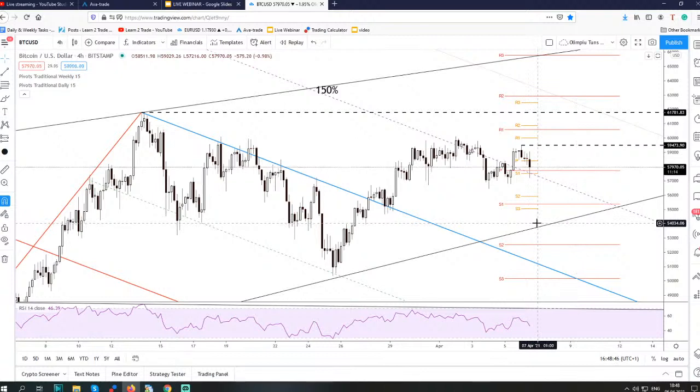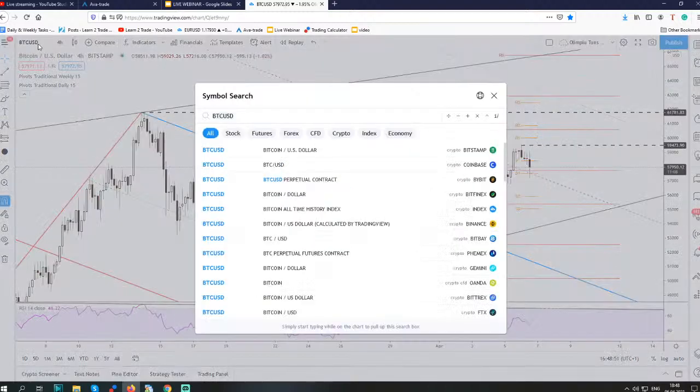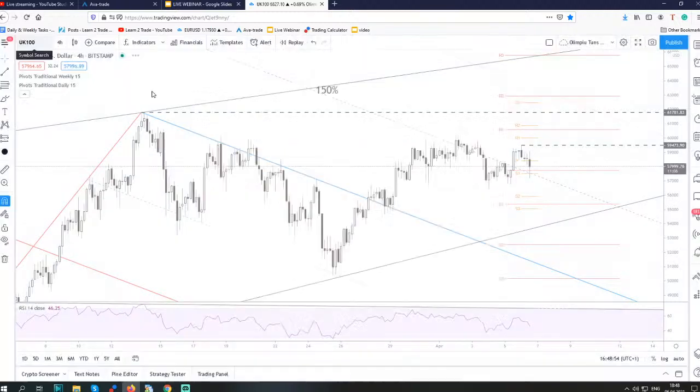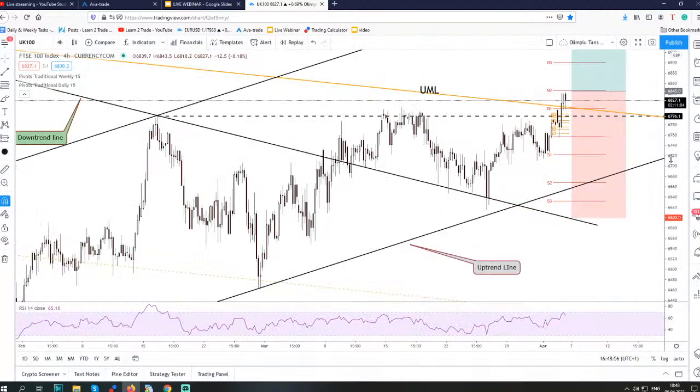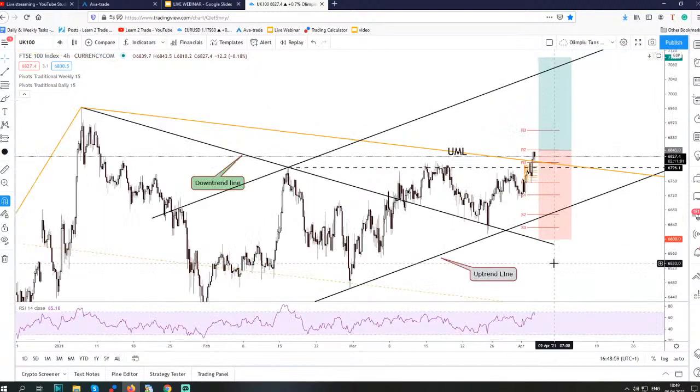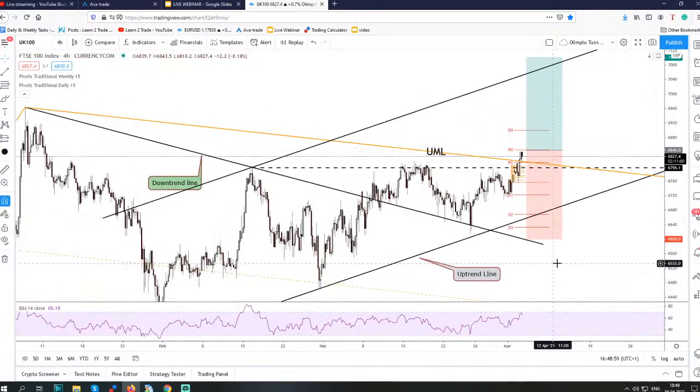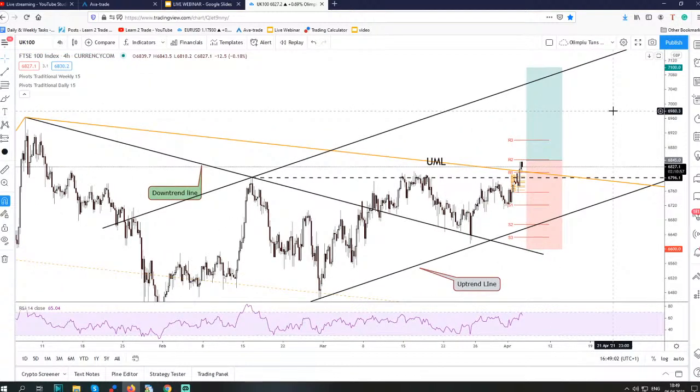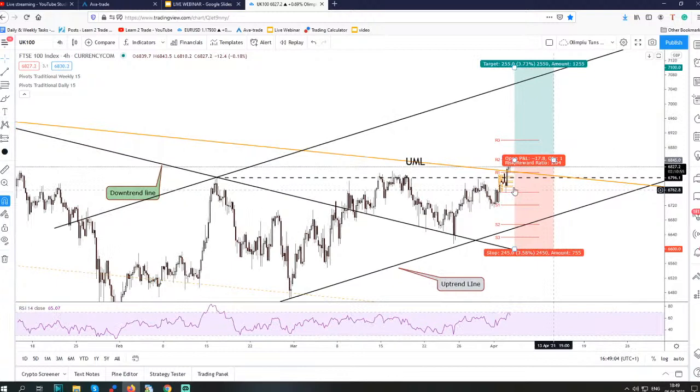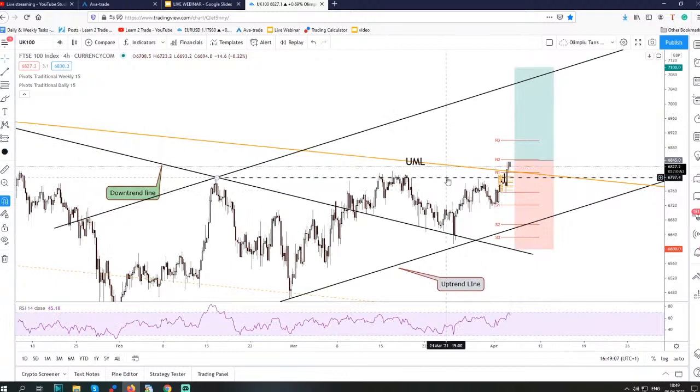Simply amplified, we talked about FTSE 100, UK 100. Let's take a look again. As I've told you earlier, the price could continue higher on this index after jumping right above the former highs.